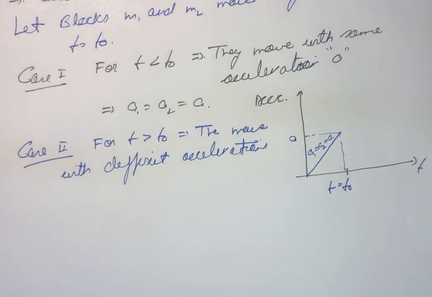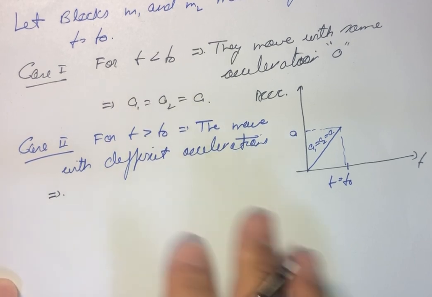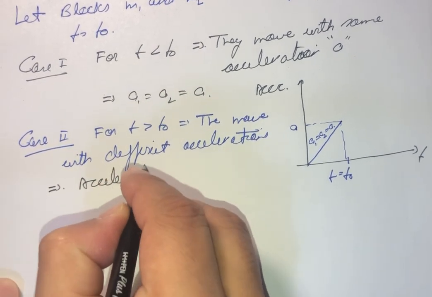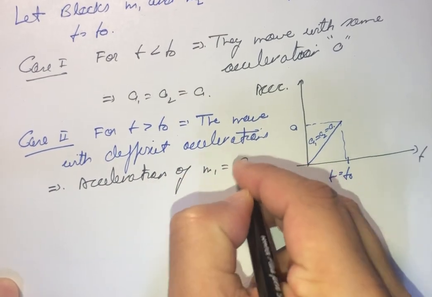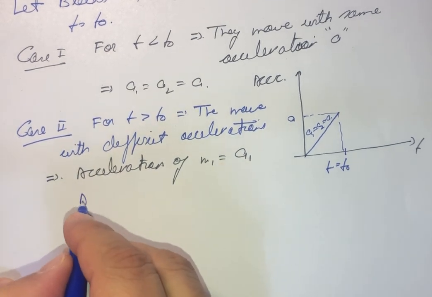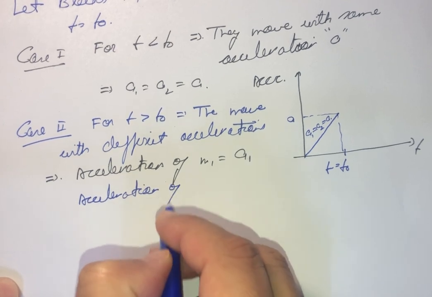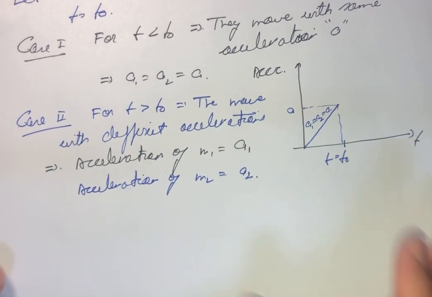We can say that acceleration of m1 is a1 and acceleration of m2 is a2.